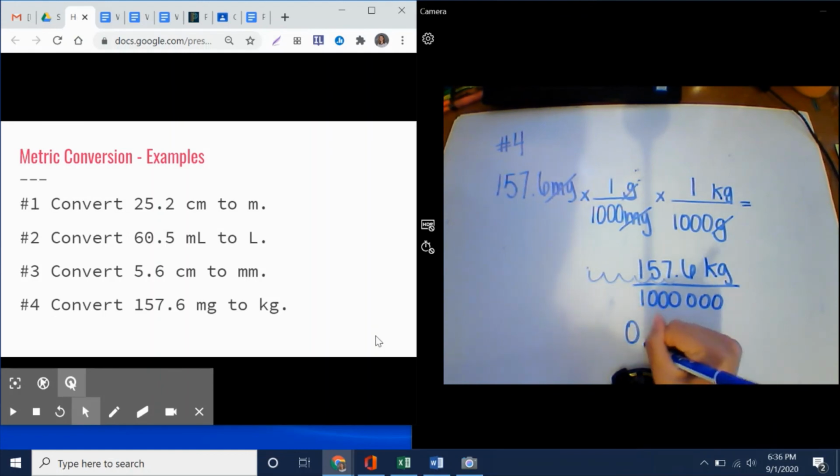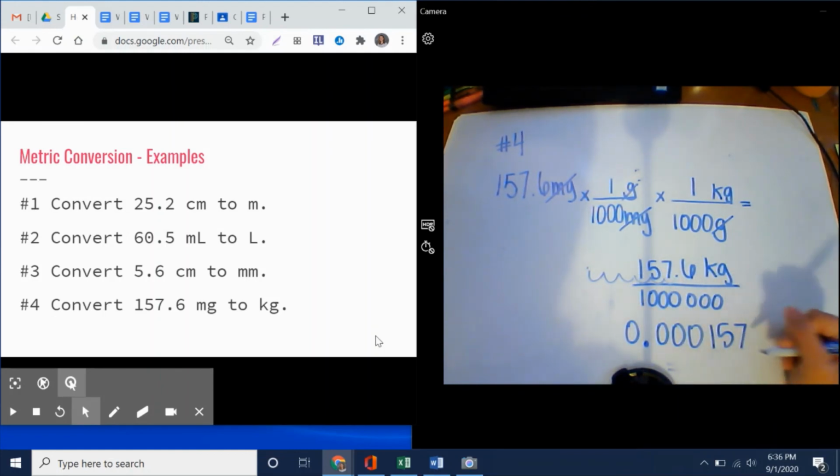That would be 0.0001576 kilograms. You can always put that in your calculator if you want. But that tells us that 157.6 milligrams is the same as 0.0001576 kilograms.